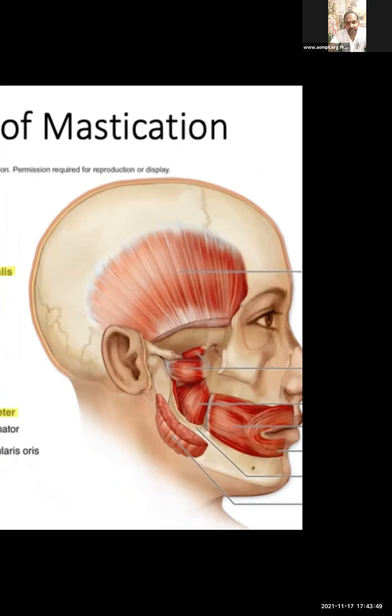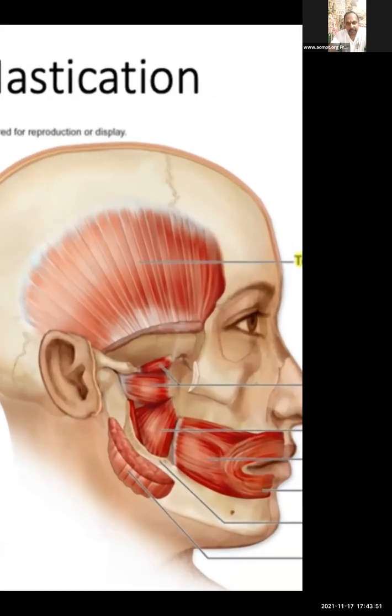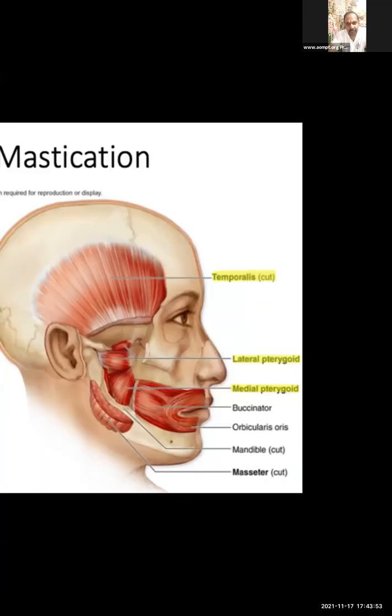You see the pterygoids here, lateral and medial pterygoid especially. This is the lateral pterygoid. This is the medial pterygoid. The relationship is very close between the buccinator and pterygoids, and you know that the temporalis muscle is cut. In this picture you can see the cut ends.